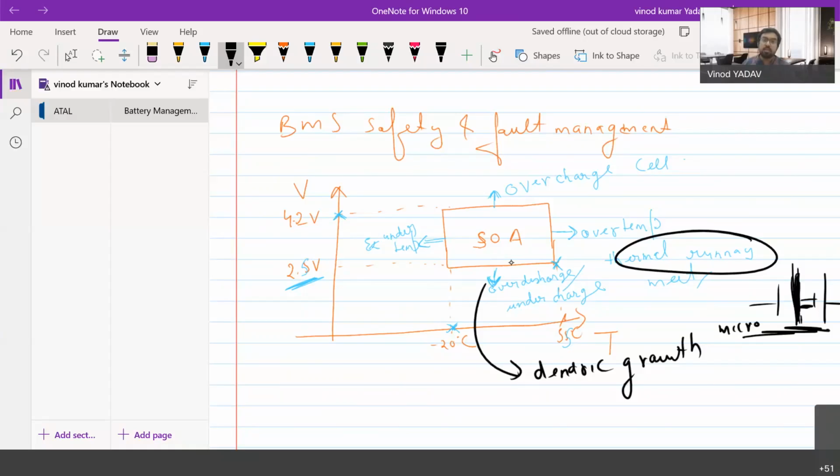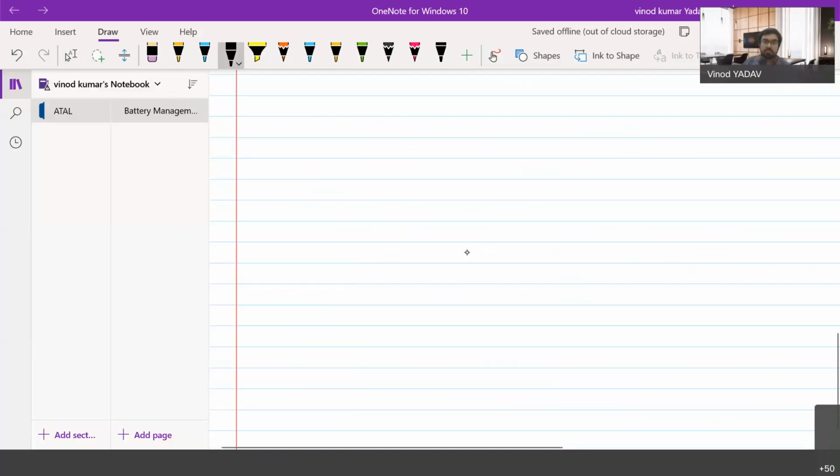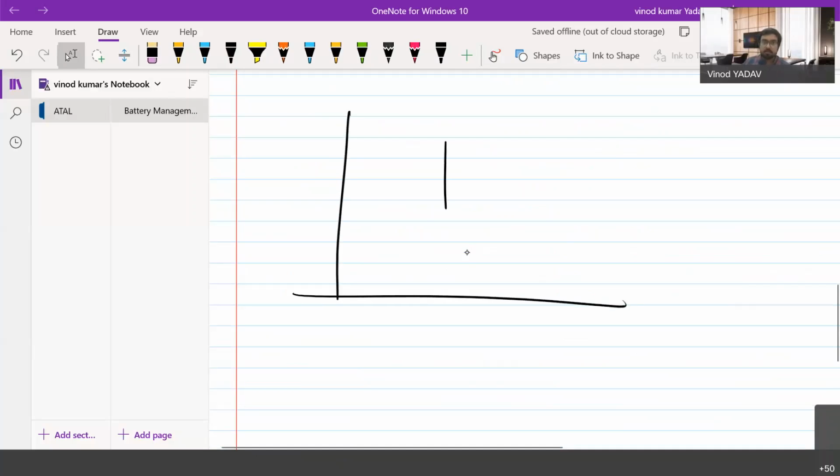So this SOA describes the safe operating area with respect to the voltage as well as the temperature. Our main focus will be to operate our battery pack or the system within this safe operating area. For every boundary there is a threshold value.